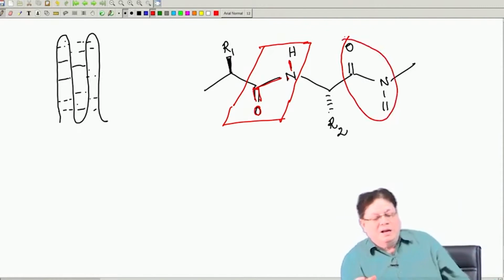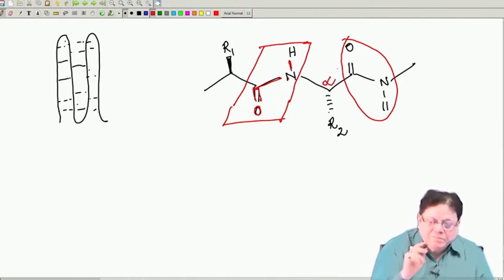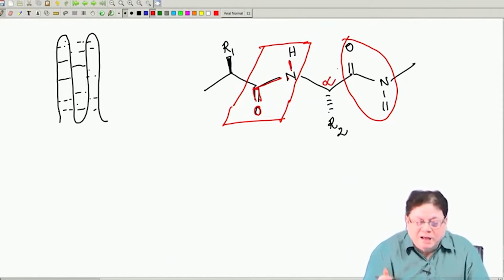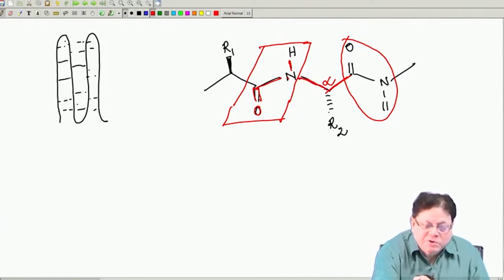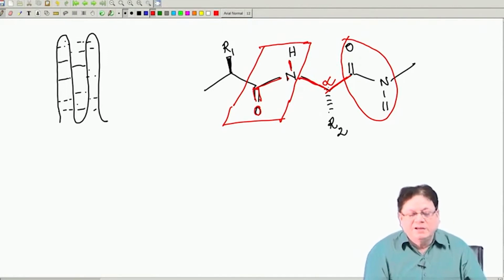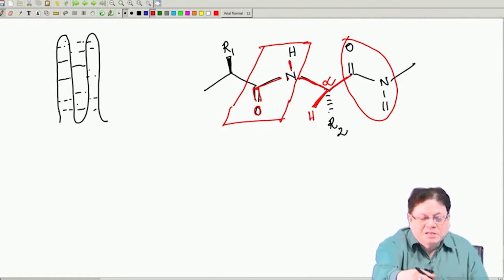But in between there is this alpha carbon, and this alpha carbon is connected by single bonds, and there is no question of any resonance or any double bond character here. Okay. So, these are the bonds which can rotate.